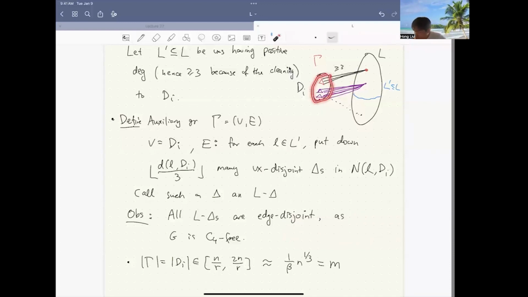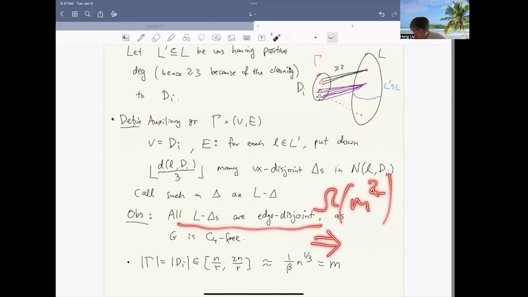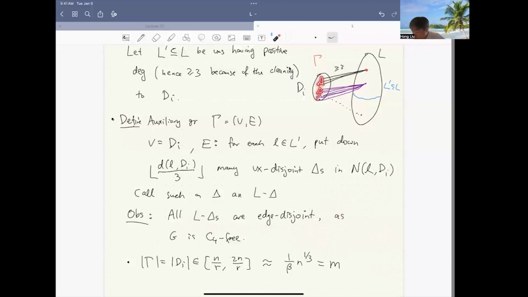Now I want to say that the number of edge disjoint triangles is roughly M squared. Then we can show that the total number of triangles is in fact M cubed by the triangle removal lemma. So let's see how many L triangles, which are edge disjoint, are in gamma. The number of L triangles is basically you sum this quantity over all vertices in L prime. It's roughly the number of edges between DI and L divided by 3.